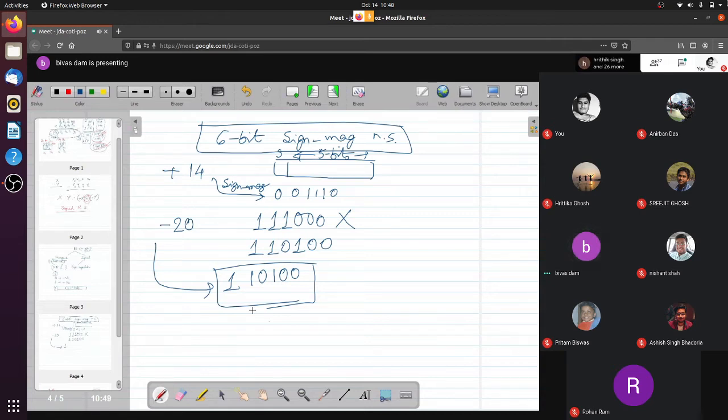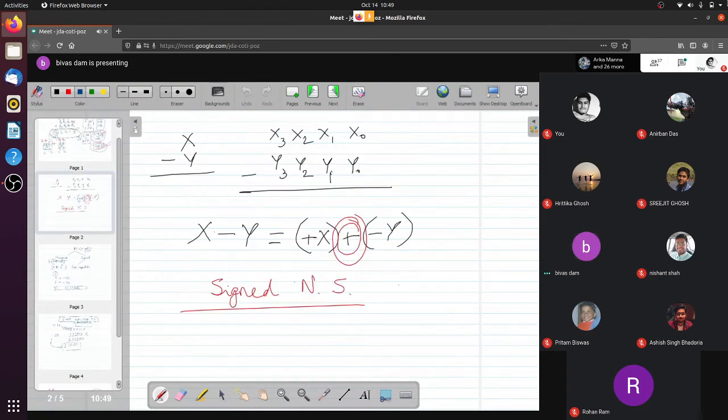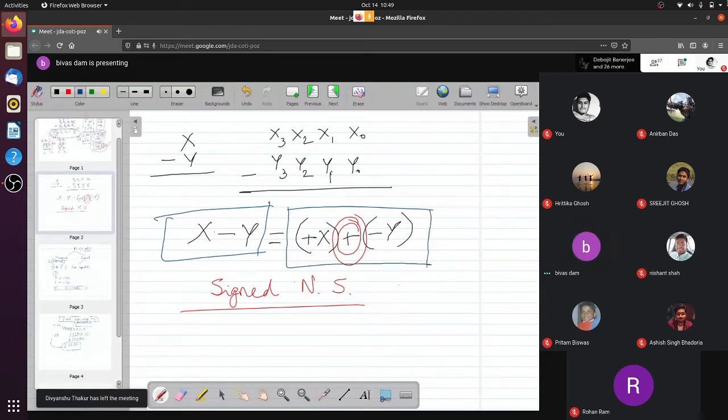So to achieve that, I have to go for this type of operation: x minus y should be realized using plus x plus of minus y. Until and unless I can devise a certain signed number concept, I cannot perform x minus y using the scheme of plus x plus minus y.